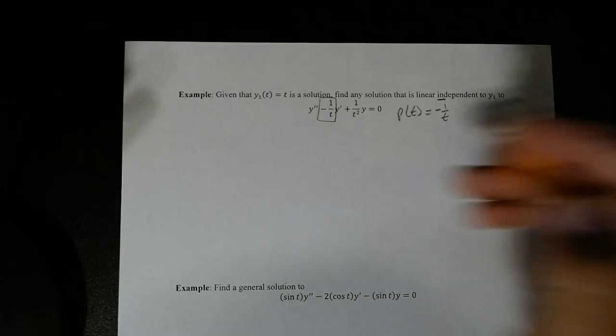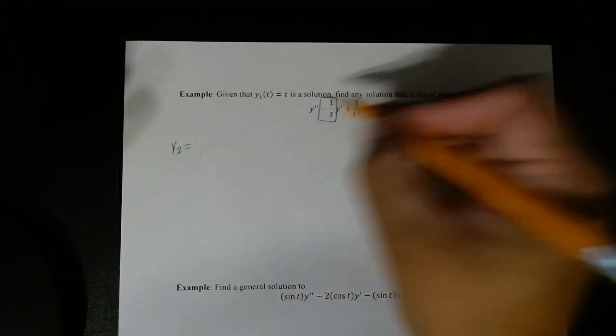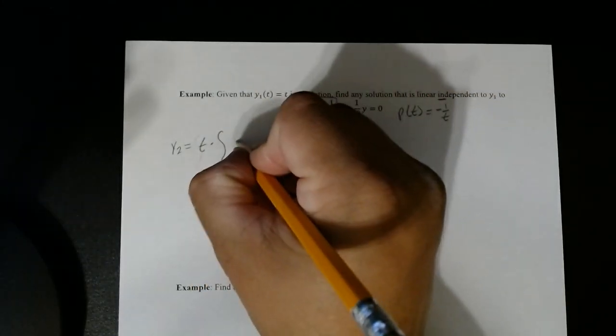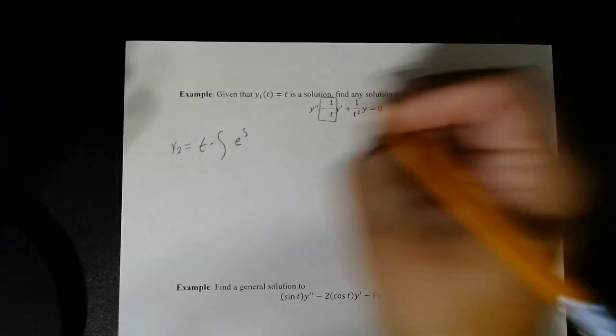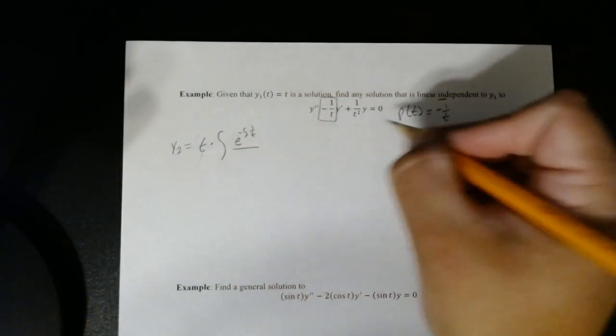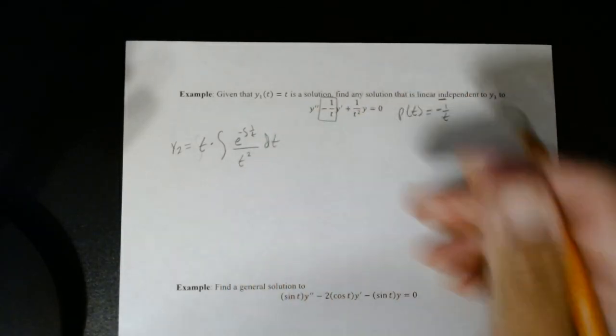So therefore, according to our equation, y2 is going to be the integral. Oh, actually, before I go there, it's equal to y1, which is just t, times the integral of e raised to the integral of negative 1 over t, over y1 squared, or just t squared, dt.